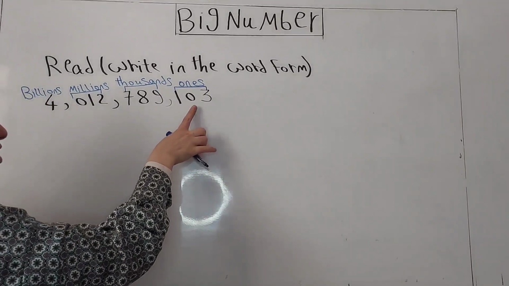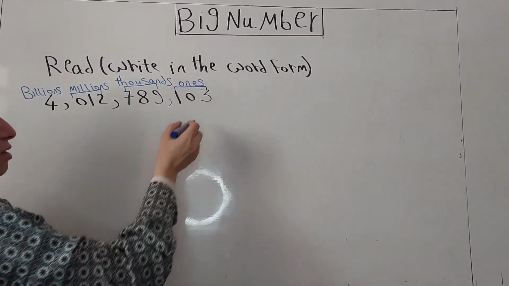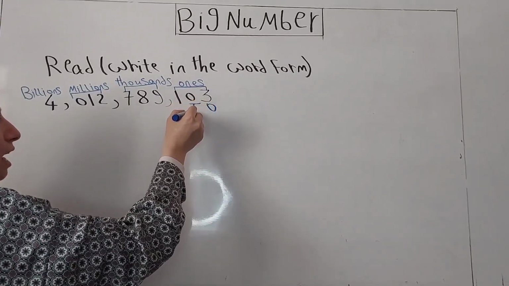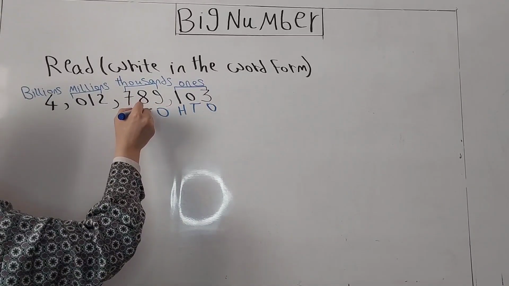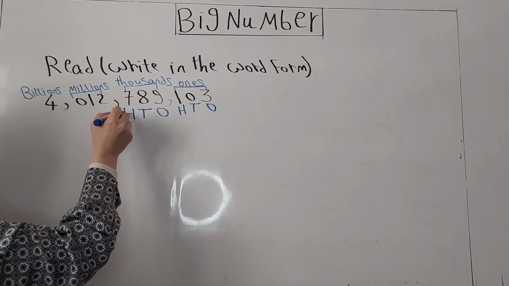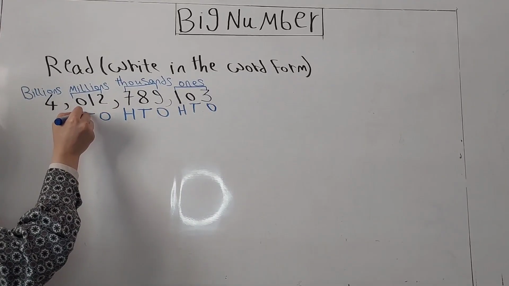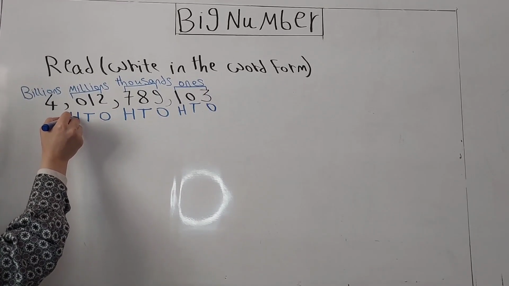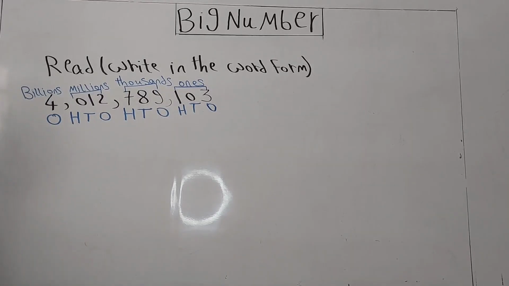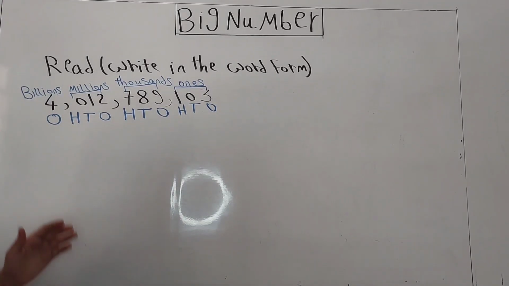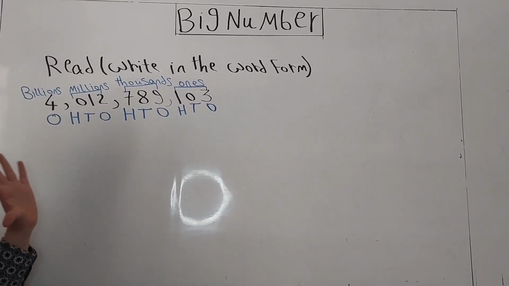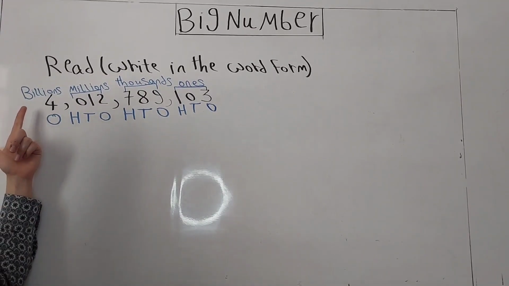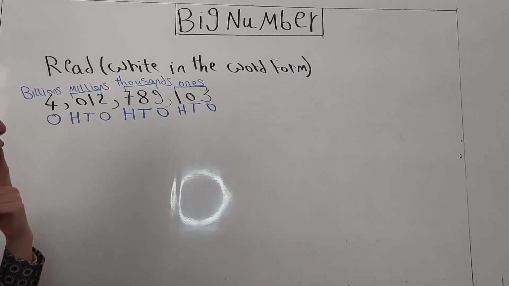Each family has 3 places: ones, tens, hundreds. To read these big numbers, we read each family alone, then we read its name, and the word ones is not read.